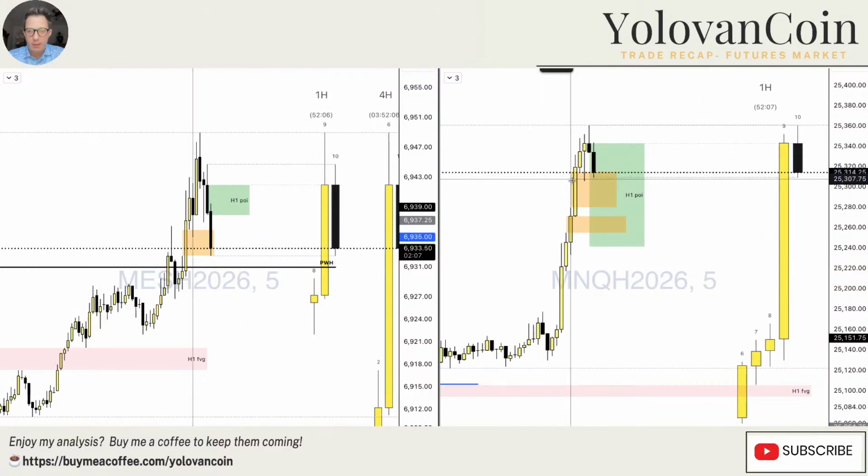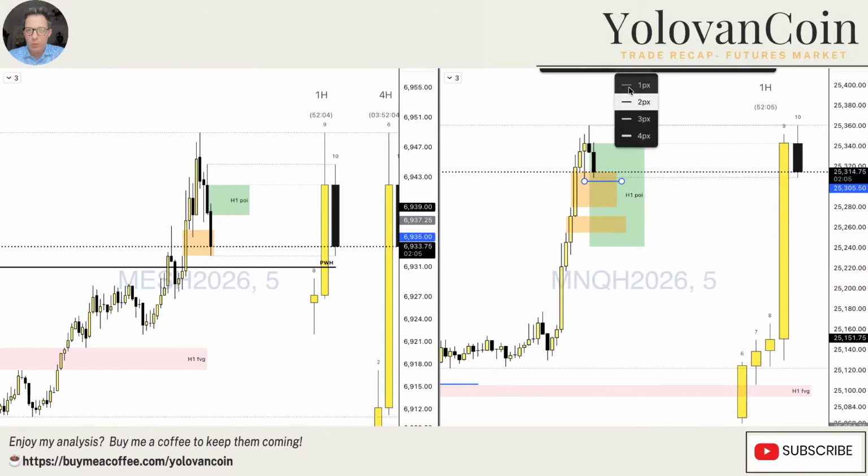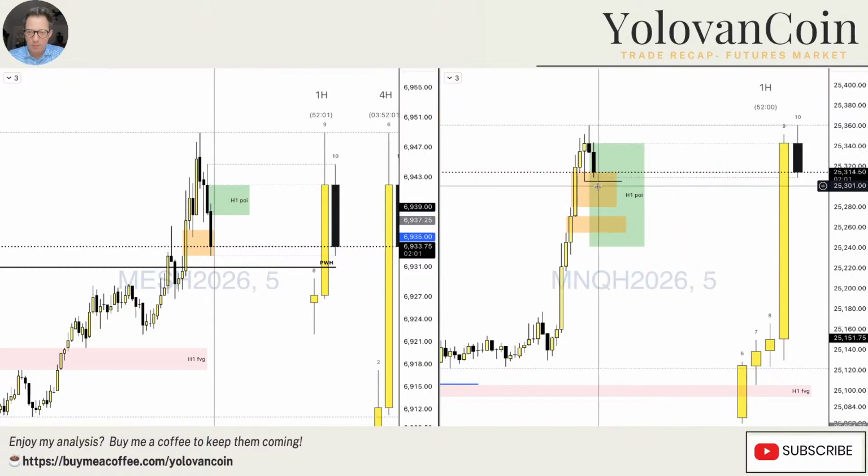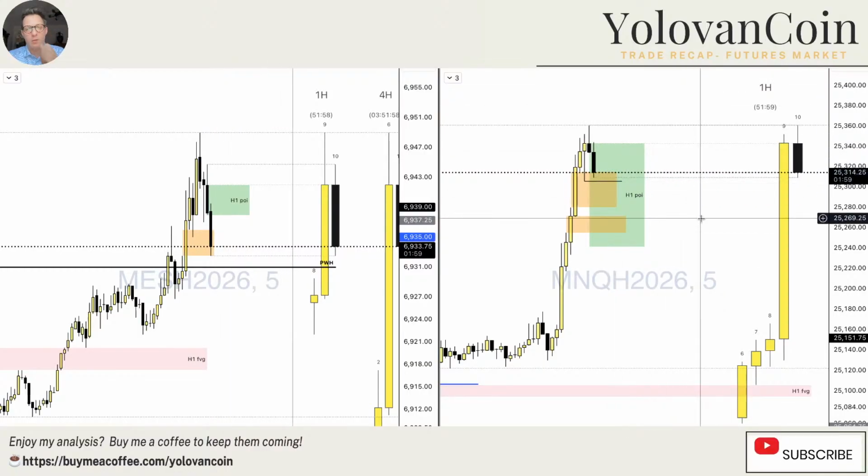Ideally, we want to see this low taken on Nasdaq, to sweep the low and then go higher.